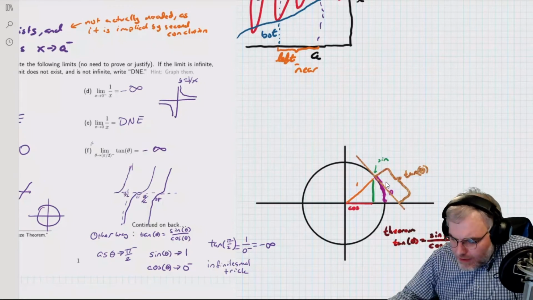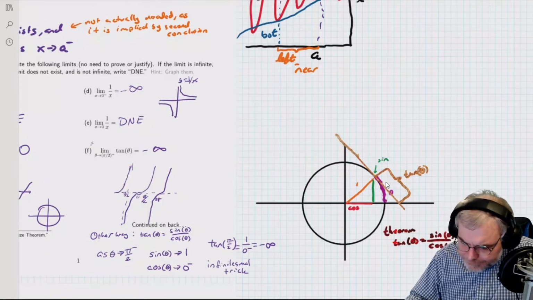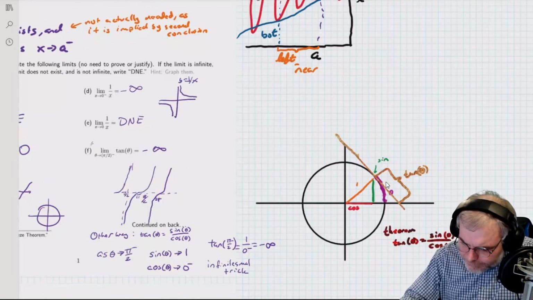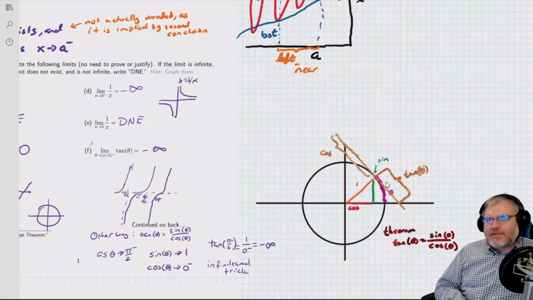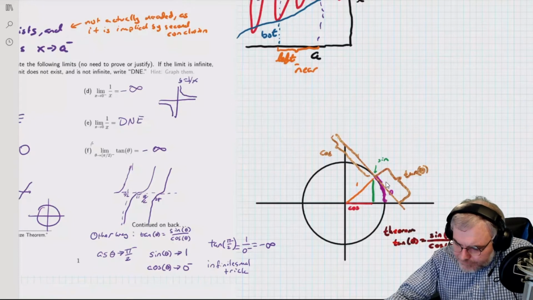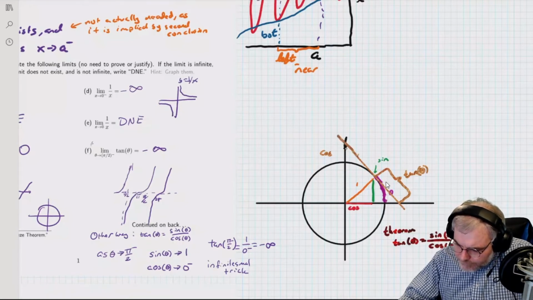And the tangent function measures the length of this. By the way, the cotangent function, if you care, measures the length of that segment, from there to there.